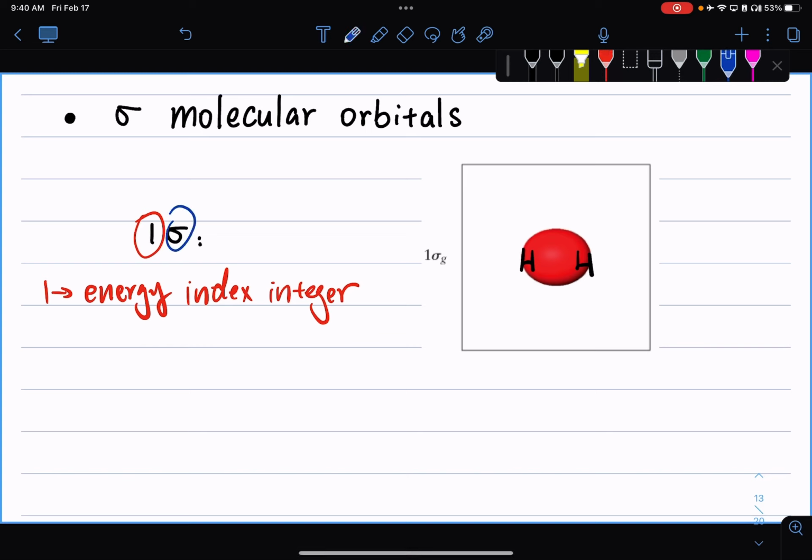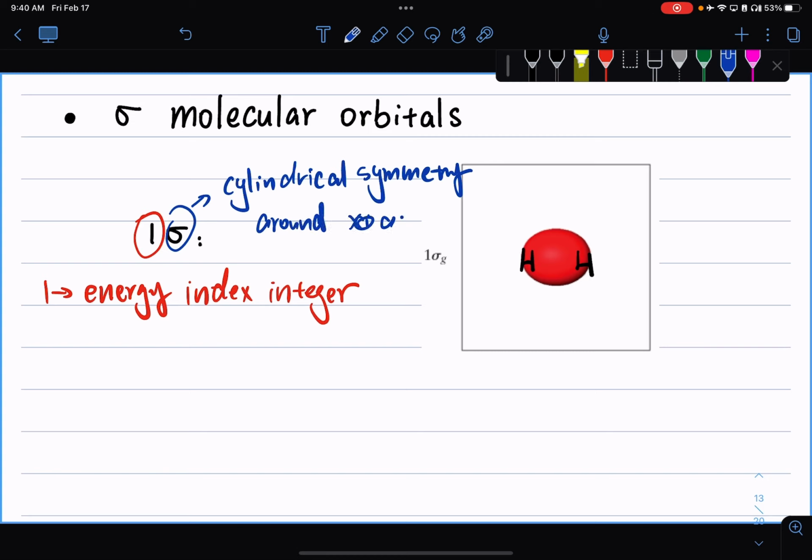Sigma tells you this is the cylindrical symmetry around the bonding axis. So the bonding axis is here. Right, so it's cylindrical around that bonding axis. And we call it a bonding MO.